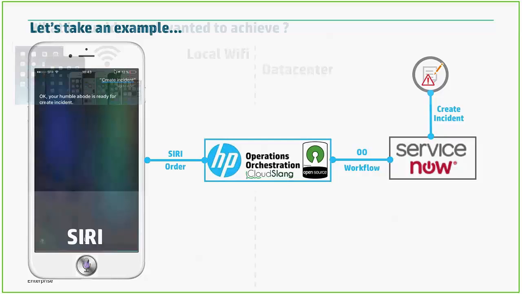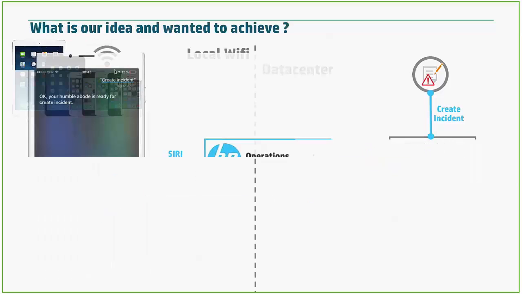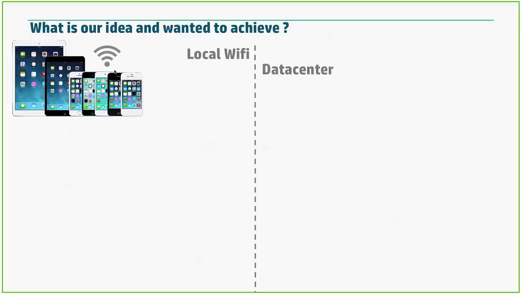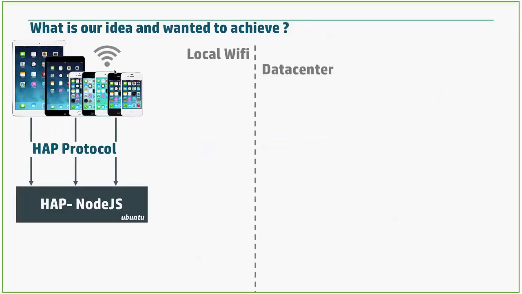The idea that we wanted to achieve is having a HomeKit Node.js server. This means that all our triggers will be seen on our iOS device as HomeKit accessories, like light bulbs or anything like that.